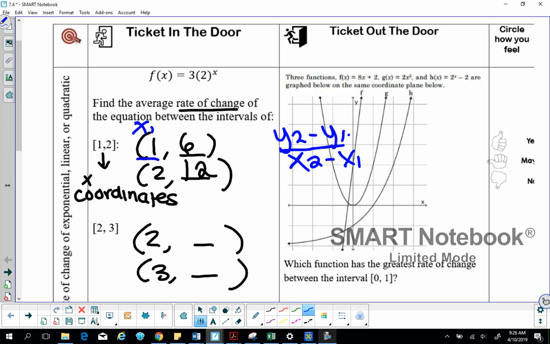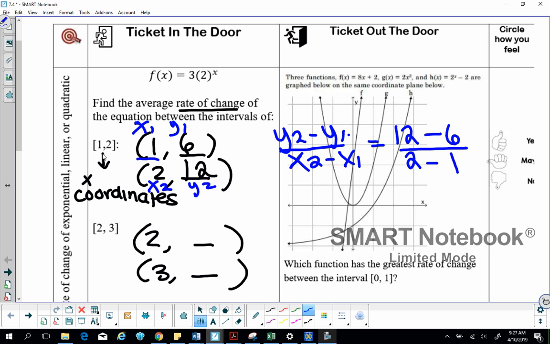So the x1, y1, x2, y2. That's important when you label it, make sure it goes in order: the first x, the first y, the second x, the second y. So when I plug it into my formula, what's y2? 12. Minus my y1, which is 6, over x2, which is 2, minus x1, which is 1.